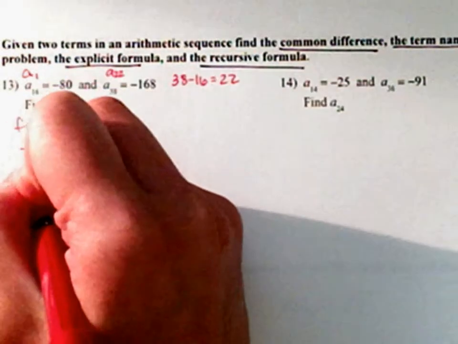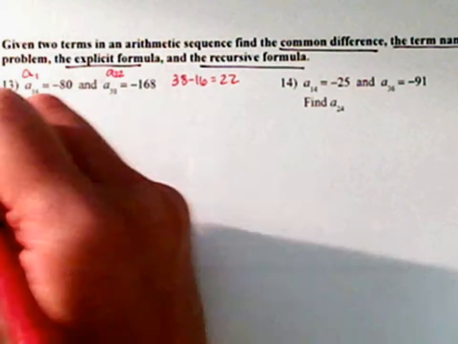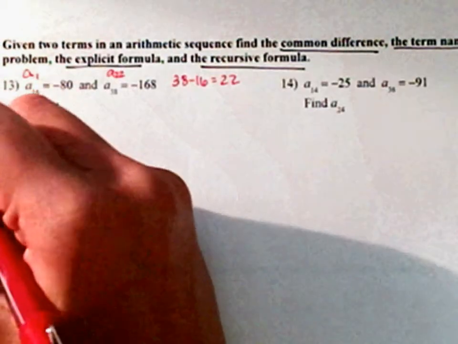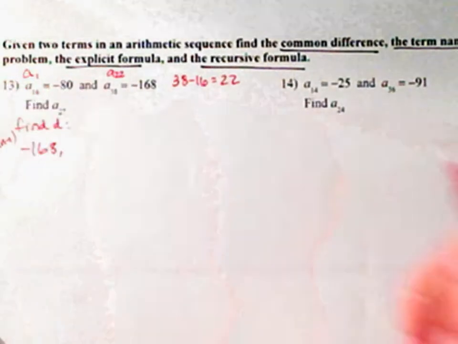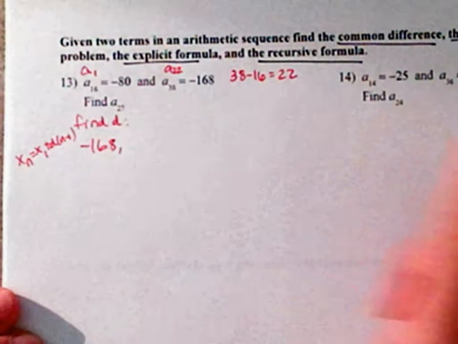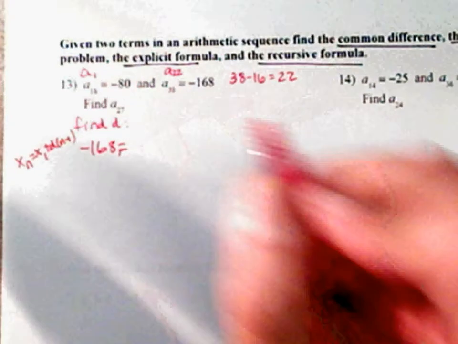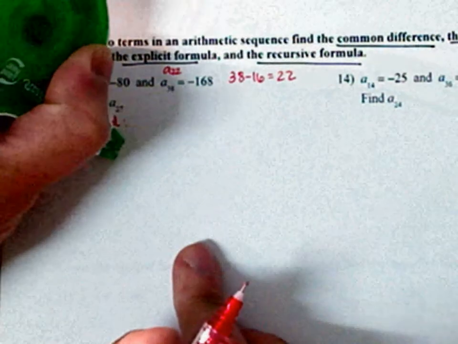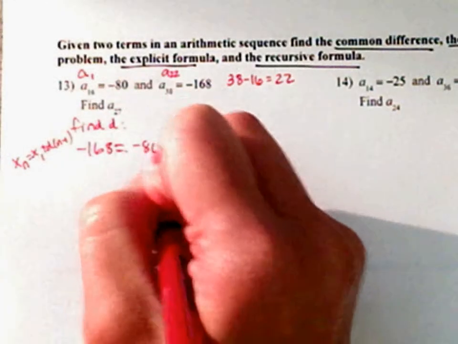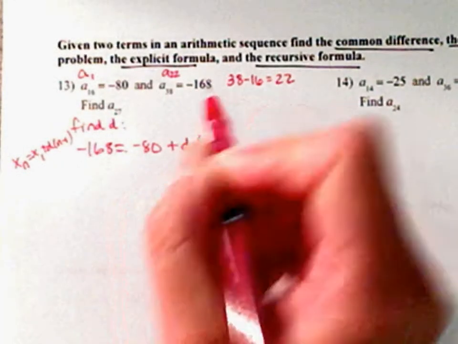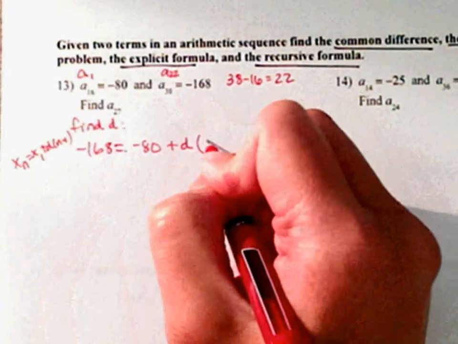So -168 using my explicit formula, which is x of n equals x of 1 plus D, n minus 1. There's your explicit formula. All right, equal. What is your first term? -80 plus your D. And what term is -168? 22.